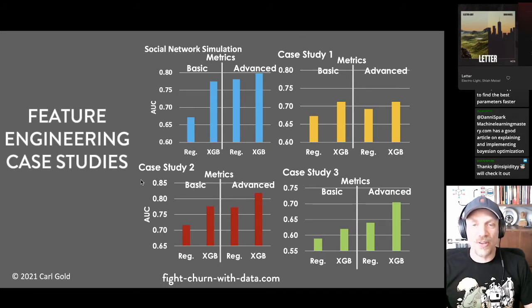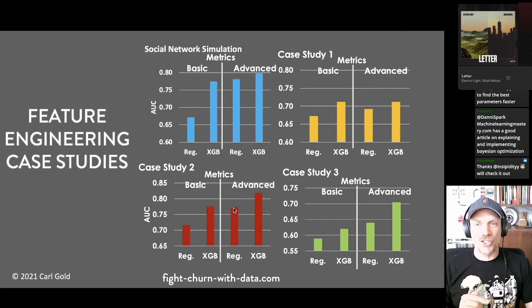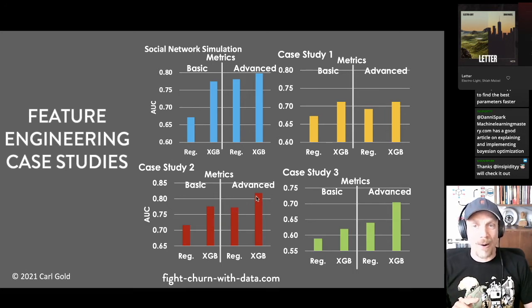Case study 2 is a case study with real data. What you can see here is that, again, for basic metrics, XGBoost improves significantly over regression. And then the regression with the advanced metrics is about as good as XGBoost with basic metrics. And then XGBoost with the advanced metrics improves even more, actually.